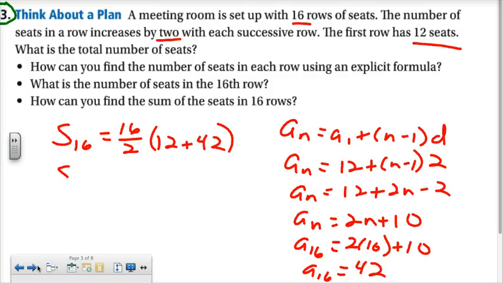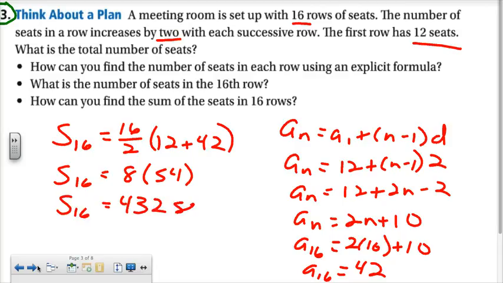Now you can find the sum, because you have the first row, you have the last row. So this will be 8 times 54, and that will be 432 seats.